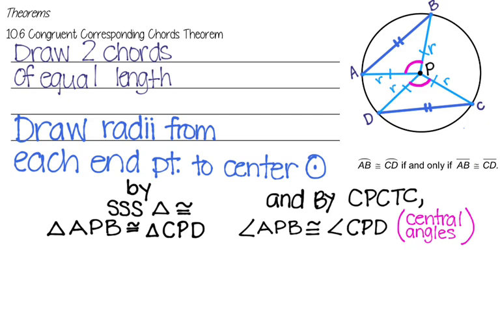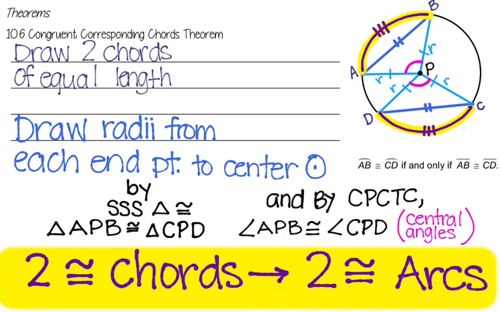And those now are central angles because the vertex is the center of the circle. And these are congruent central angles, which means their corresponding minor arcs must also be congruent, because we learned in lesson 10.2 that when central angles are congruent, the corresponding minor arcs are congruent as well.